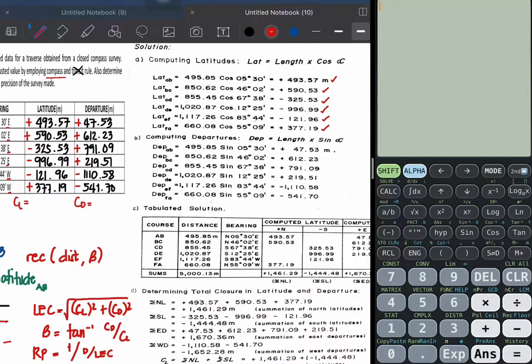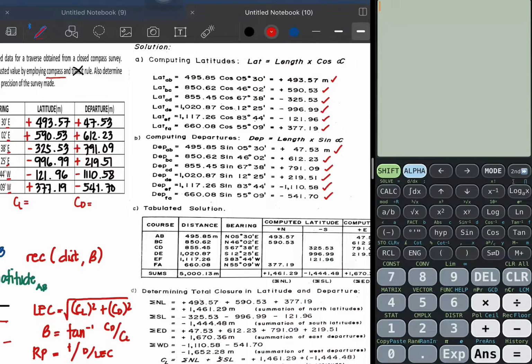And then for the departure, you have 47.53, 612.23, 791.09, then 219.51, 1110.58, and 541.70. So just the same answers for the solution with cosine and sine and the rectangular function.